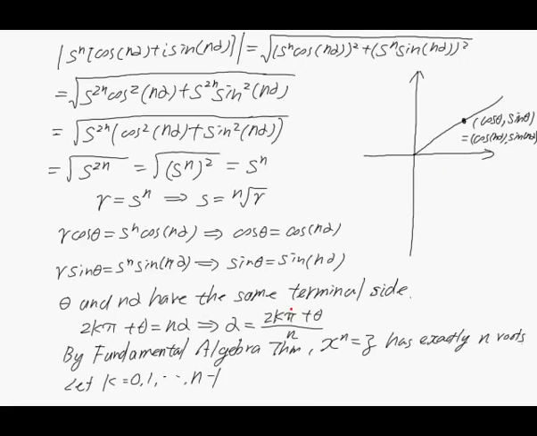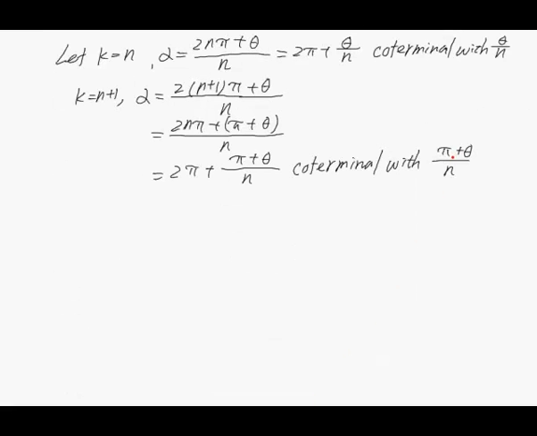Go back here, you see, if we let k equal to 1, we have 2 pi plus theta over n, right? So, hold on. Oh, here's 2. That's right. We should have the 2 pi here, and also 2 pi here, not pi. Okay. So we have 2 pi plus theta over n, and this is just the case when we let k equal to 1.